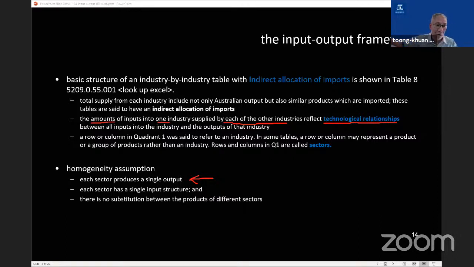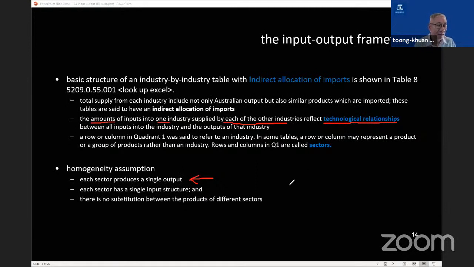You need something like 150 sectors to give you more accurate information. But within that one sector, out of 150, you are still assuming it only produces a single output. That is a very strong simplifying assumption.